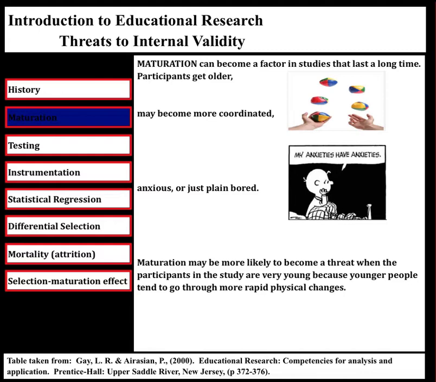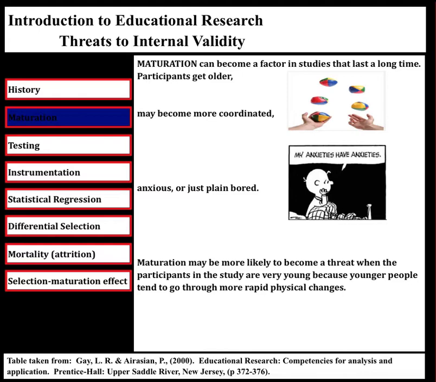And so you can see the graphics there. They may become more coordinated. They may become more anxious, just bored. They may become more mature. There's all kinds of things that could happen to participants during a research study that can present threats, and they're referred to as maturational.